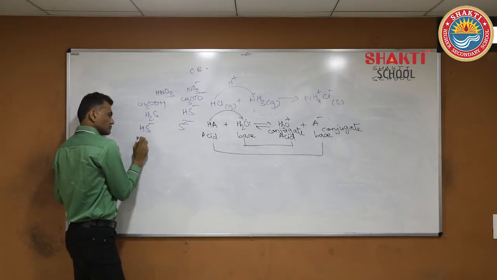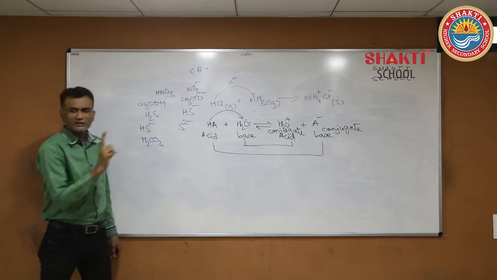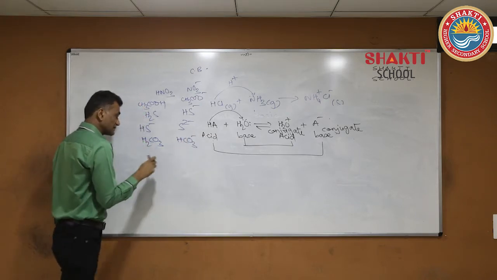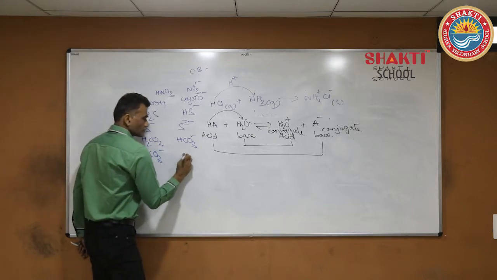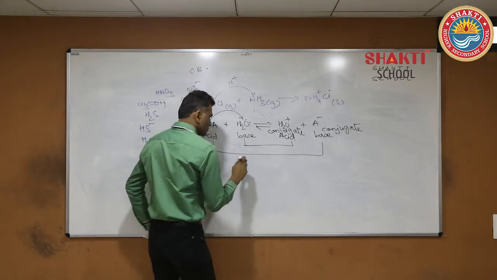Okay, few more. Carbonic acid, remove H plus ion, HCO3 minus, and then HCO3 minus gives CO3 2 minus. Few more.